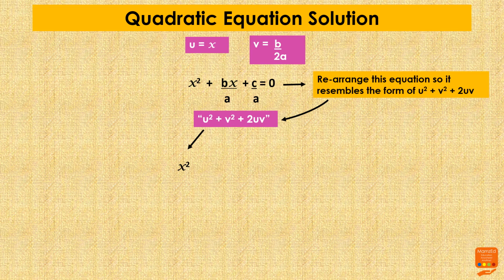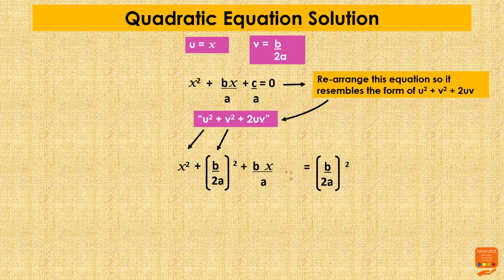So what we do is we add (b over 2a) whole squared on the left hand side of the equation so that we have both u squared plus v squared in our quadratic equation. And to keep the equation balanced, we add (b over 2a) whole squared to the right hand side of the equation as well. And then we write bx over a plus c over a, and these two terms are already part of our quadratic equation.